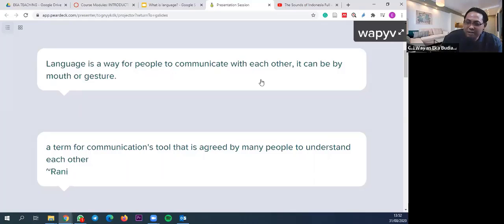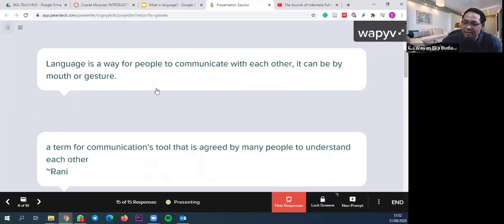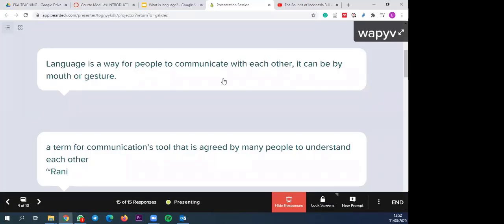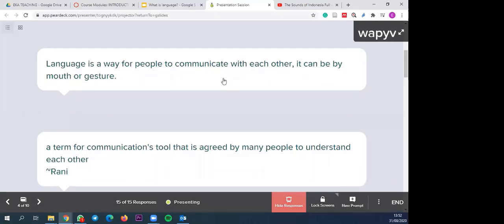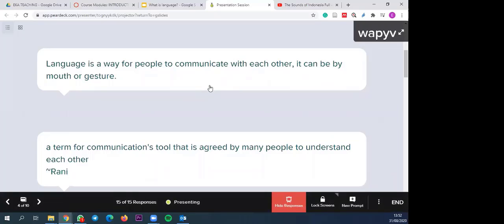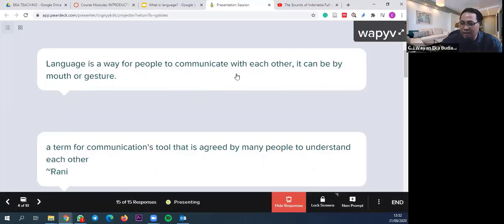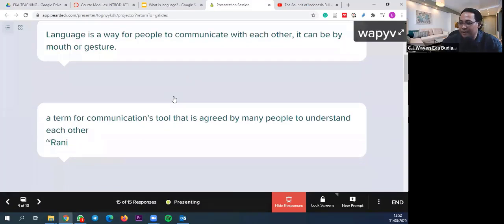I think your keyword here is "to communicate," right, Tiara? So yes, language is a way for people to communicate, to tell each other, to share. Yeah, sure. Okay, good. Again, in terms of writing, I remind you to use a semicolon here because these are two different sentences.